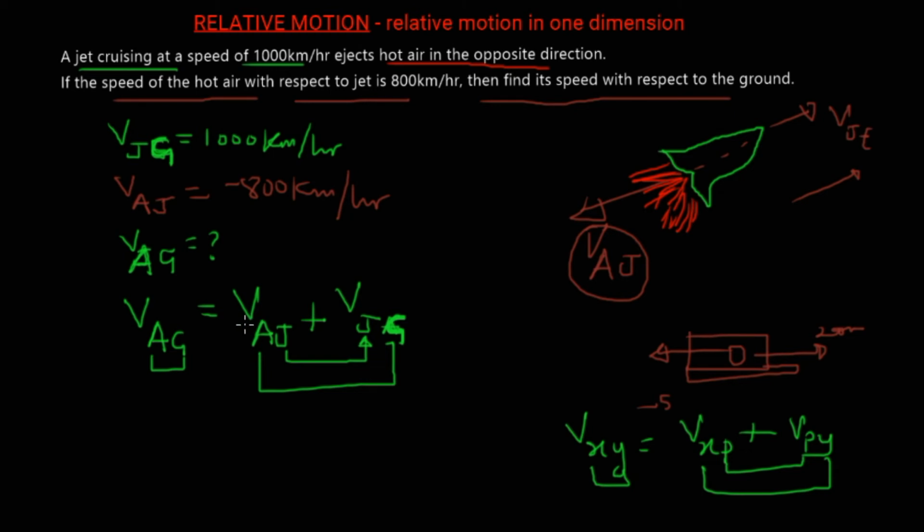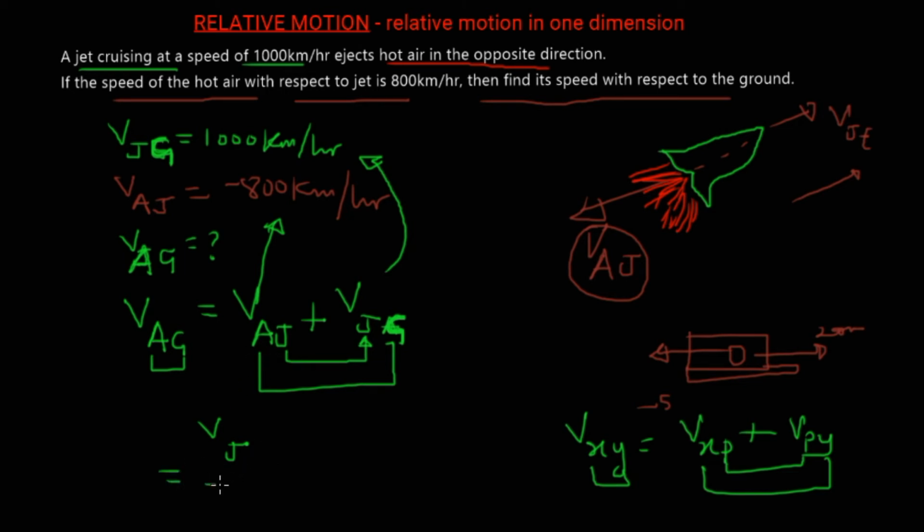So velocity of the air with respect to the ground is equal to this. Do we have the velocity of the air with respect to the jet? We have it as minus 800. So this is given as this. Do we have the velocity of the jet with respect to the ground? We do. So it's so direct.